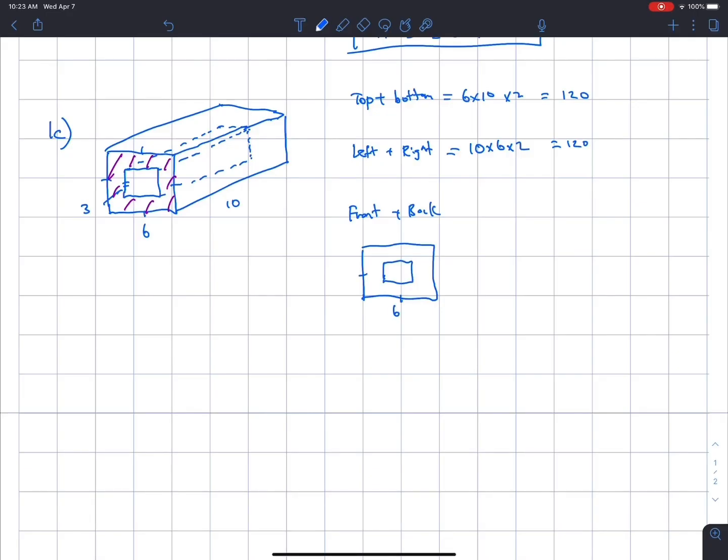And I know that this is 3. Right. So to find the shaded area, we can just use the bigger square minus the smaller square. The bigger square will just be 6 times 6. The smaller square will be 3 times 3. And whatever we get there, we times it by 2 because the front and back is exactly the same.